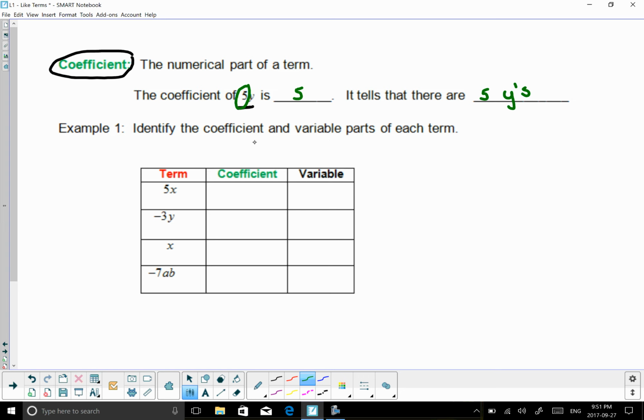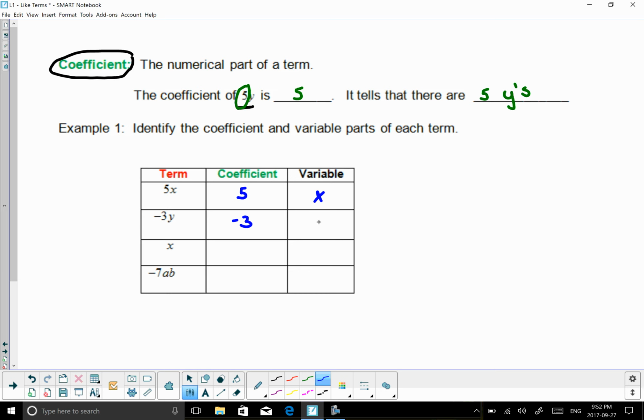If I identify the coefficient and variable parts of each term, so if I look at this chart, 5x, the coefficient is 5, it's the number, and the variable is x. Negative 3y, the coefficient is negative 3. So you take the sign with it, so it has a negative in front of it.